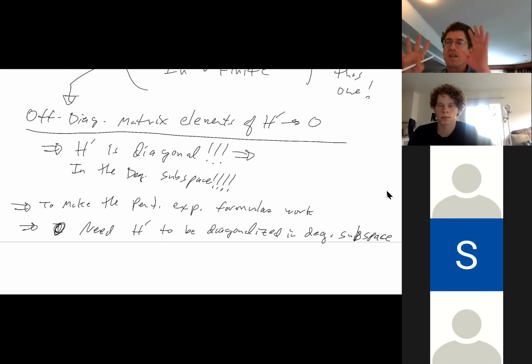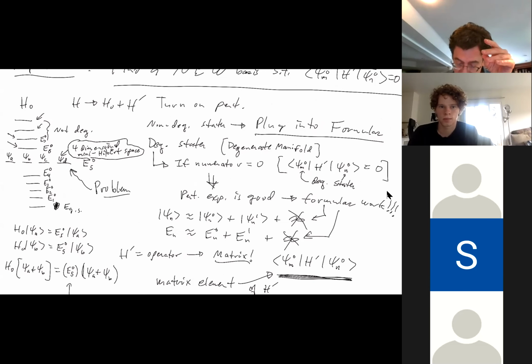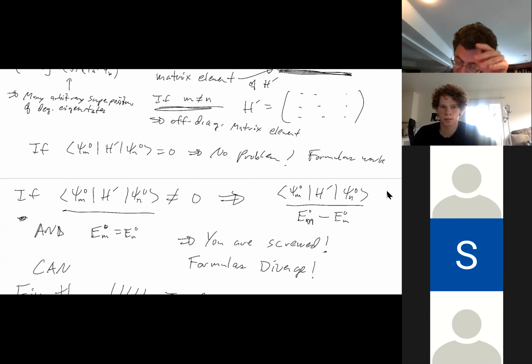The whole point is that we have this degenerate subspace. I'll go back to it. Here it is, there's my degenerate subspace. And the whole point is that we've got to find the superpositions of these degenerate states and formulate a new basis.